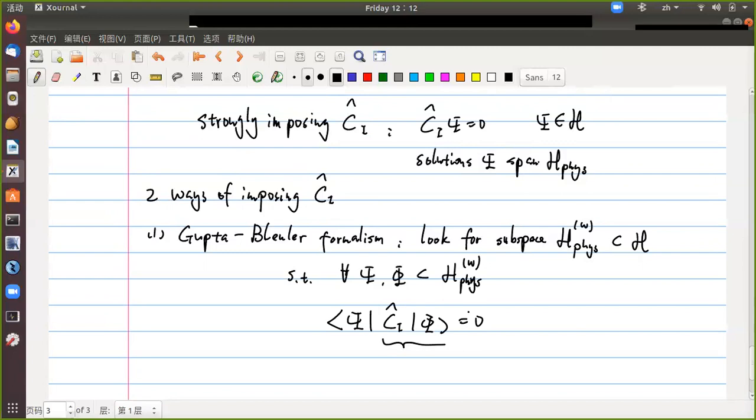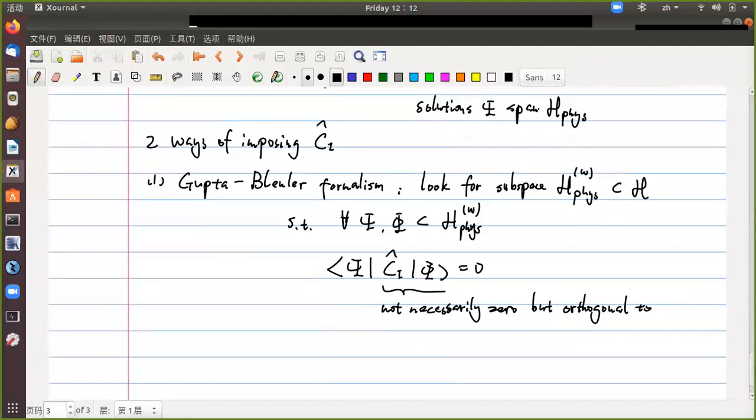But when we're looking for weak solutions, this part is not necessarily 0, because it can be just orthogonal to the other state, orthogonal to psi.